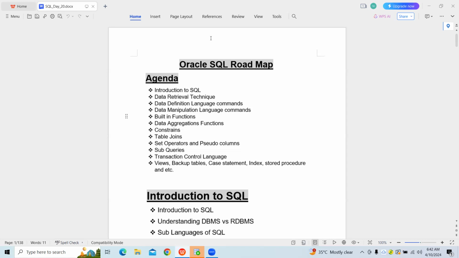See, we need to give more concentration on the point where the number of queries will be more. So in ETL testing, more weightage is there for SQL. So guys, in this SQL, what are we going to discuss?